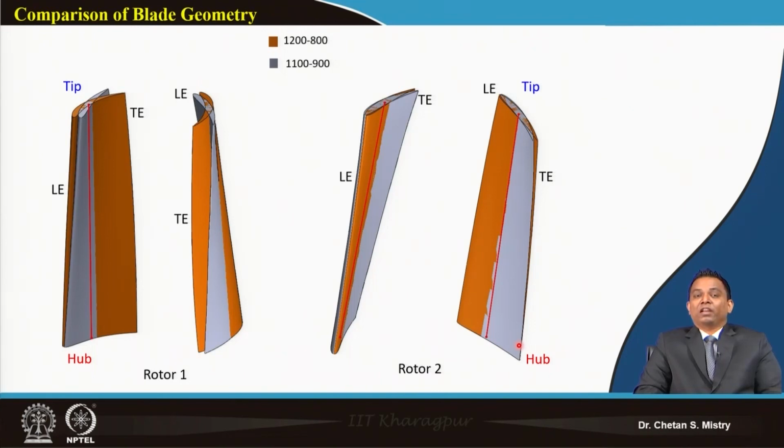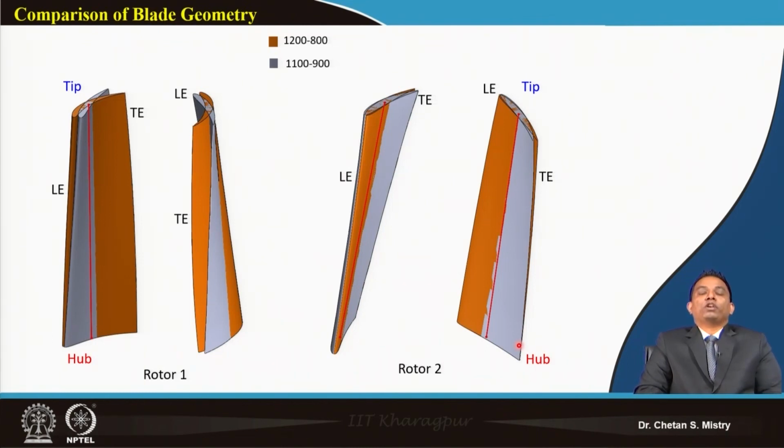As I told, in one of our latest publications we have a study on the distribution of total pressure ratio between two rotors. When we load rotor 1 too high, there are more chances for the flow to separate near the tip region, and that makes the design more challenging.